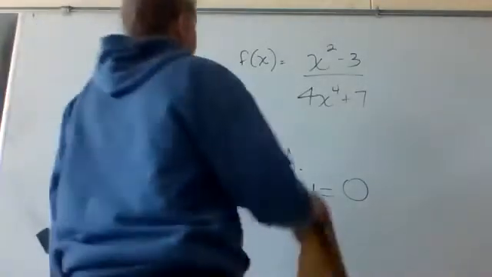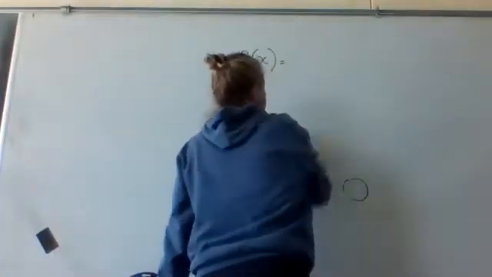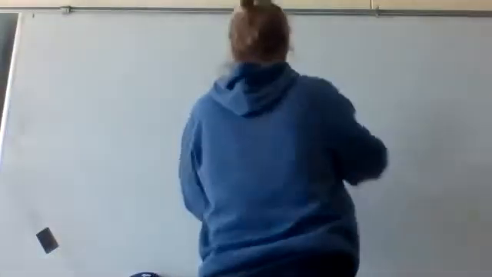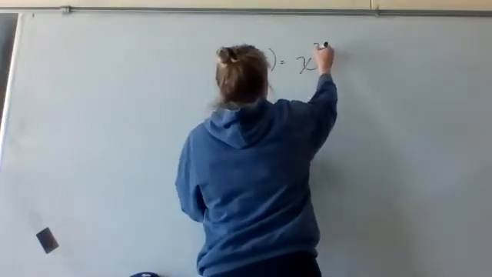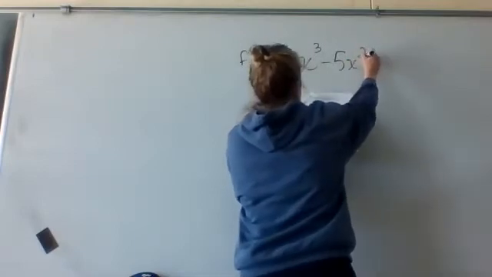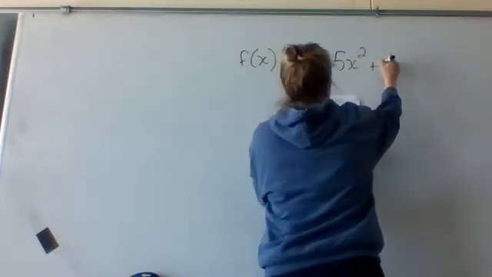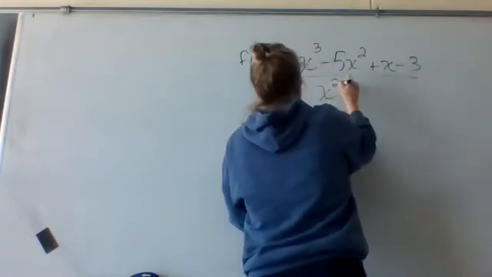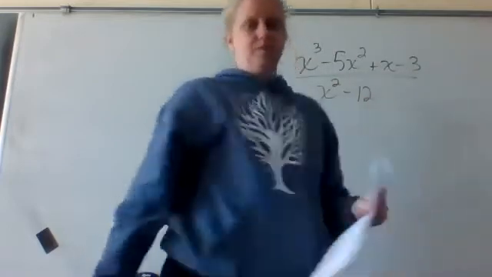And number 12. X cubed minus 5x squared plus x minus 3 over x squared minus 12.